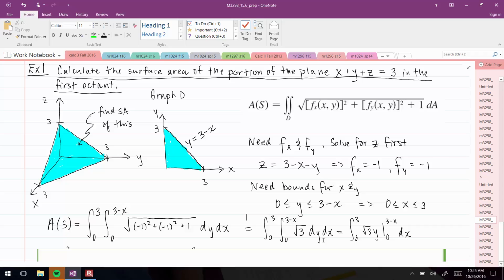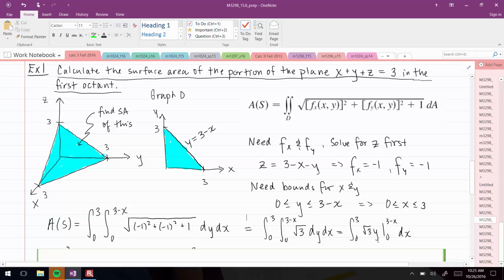When you have variable bounds, they have to stay inside the variable for which they're defined in terms of. So 3 minus x, in other words, has an x in it, and you still have to integrate with respect to x on that, or it doesn't work. So notice that the dx is on the outside. It's got to stay there.